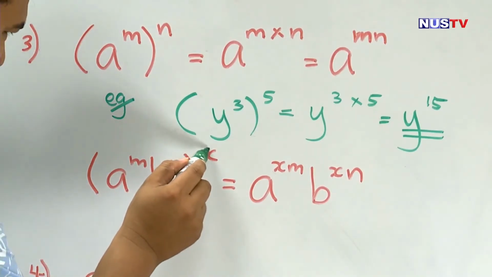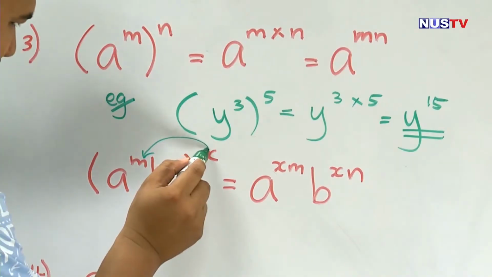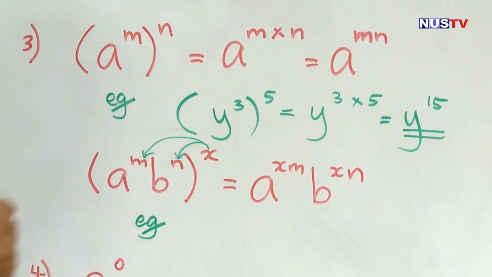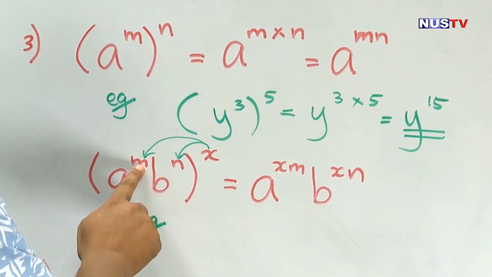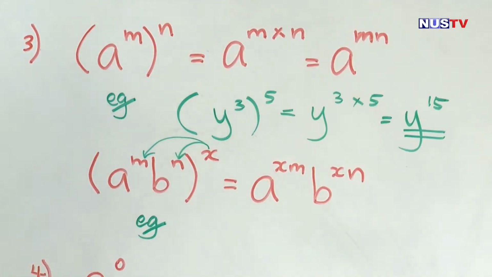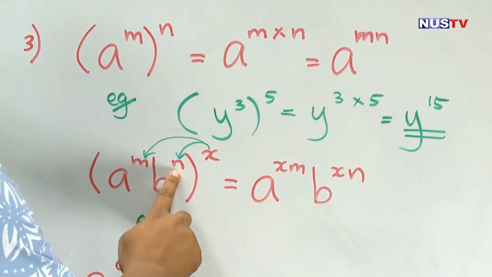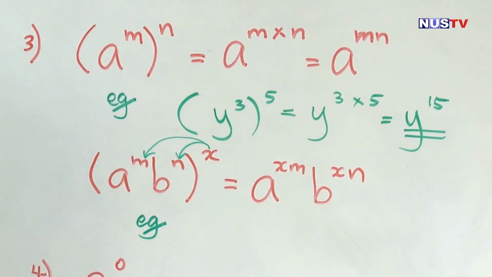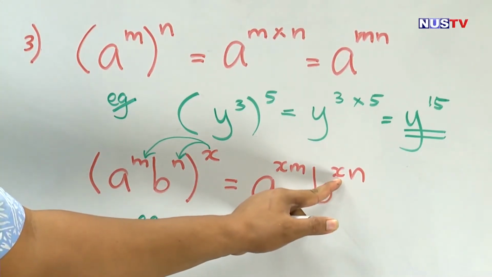So x will multiply m, and x will multiply n as well. Now we have a to the power of x times m, that's xm, and then b to the power of x times n, which is xn. So the answer for this one is a to the power of xm, b to the power of xn.